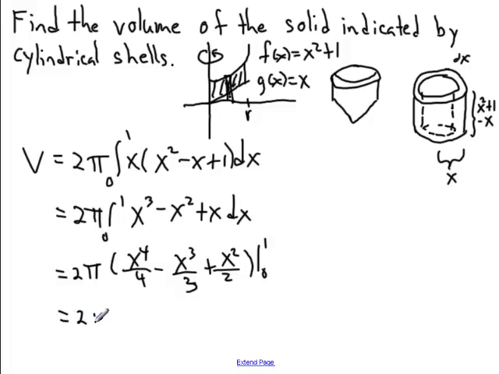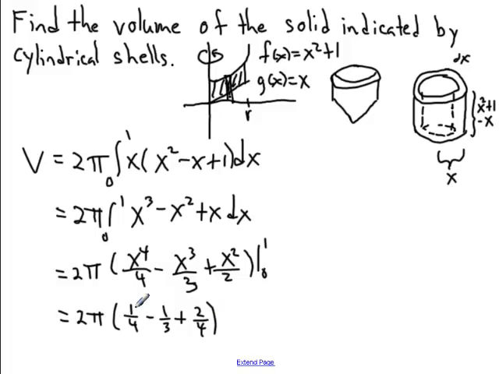So plugging away, we get 2 pi times 1/4 minus 1/3 plus 1/2. I'm going to write that as 2/4 if you don't mind, just to speed up some calculations.